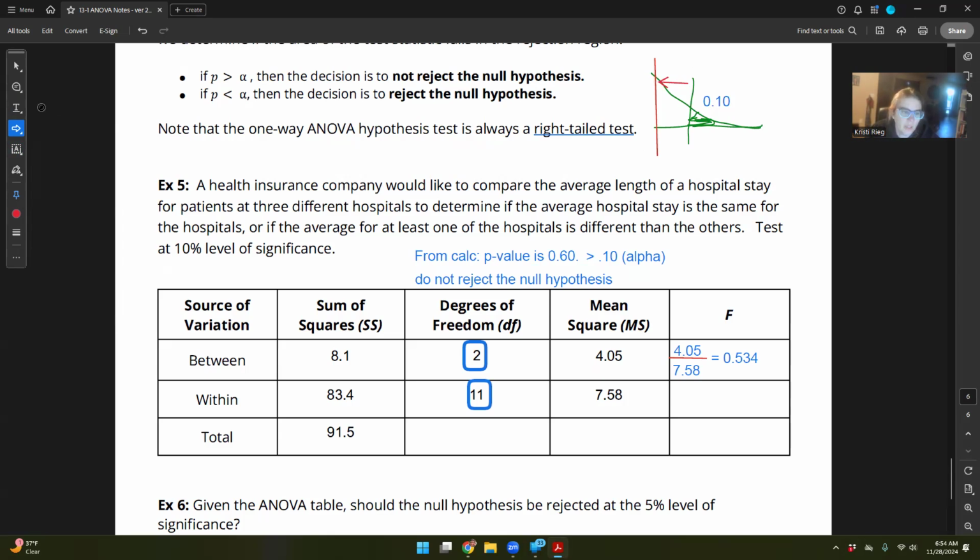I'm going to draw a better alpha. We look at where alpha is. I'm already repeating myself. We did this in every chapter before this, I feel like. All right, alpha, and then this is where P landed. P was a greater percentage than alpha, so we will not reject the null hypothesis.